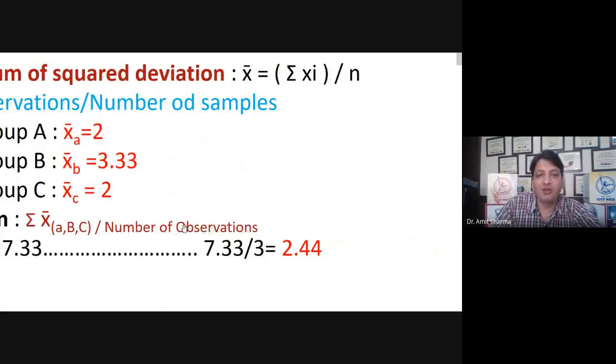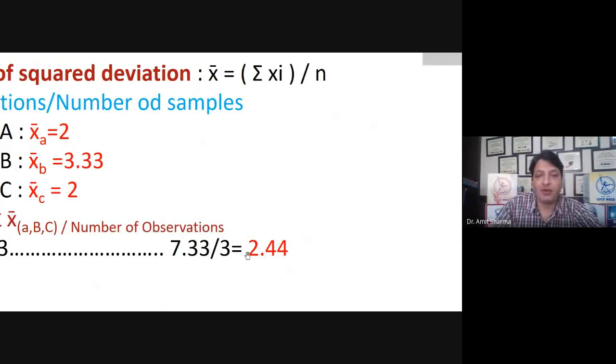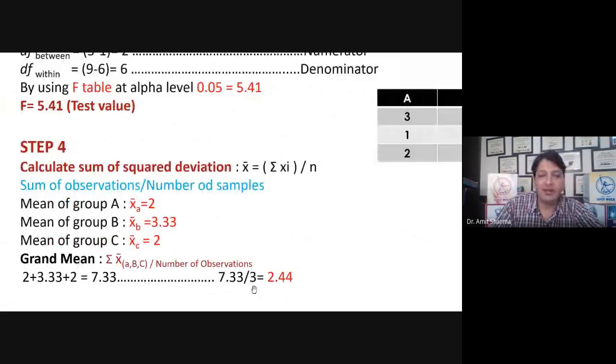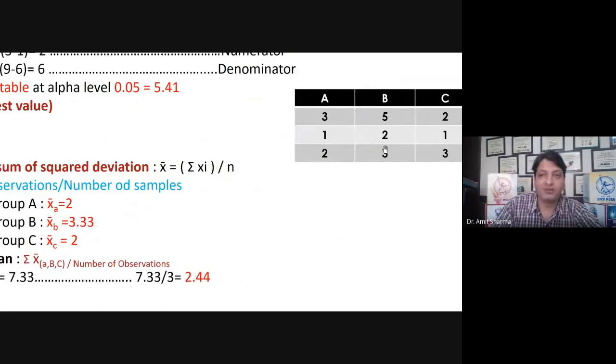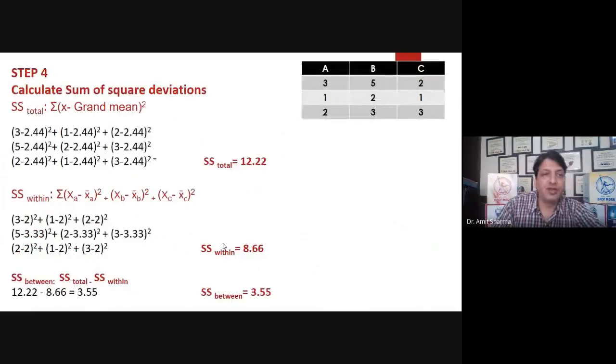Instead of observation you have to write groups here. So we have got the grand mean, that is 2.44, which is the mean of all the 3 groups. Clear? So we got the value 2.44.